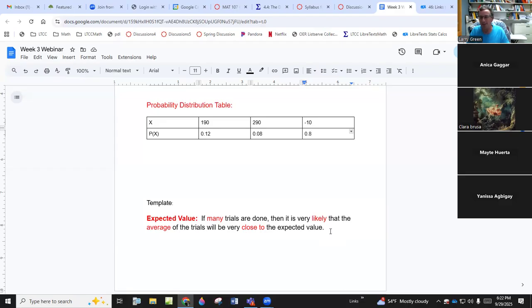And I want to let you know that AI won't give you those words. There's a bunch of ways I kind of get you if you're using AI to do all your work. You need to learn this stuff. So those words have to be there when you're asked to type out or write out the interpretation of the expected value. Does that make sense?